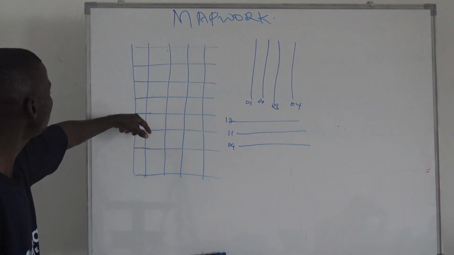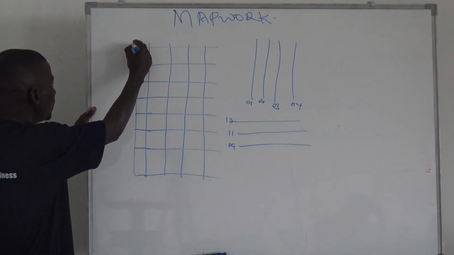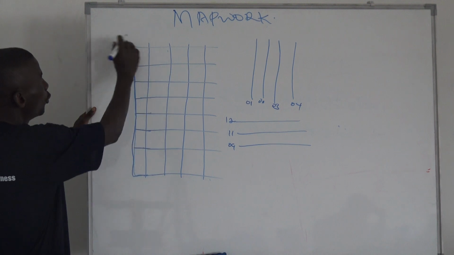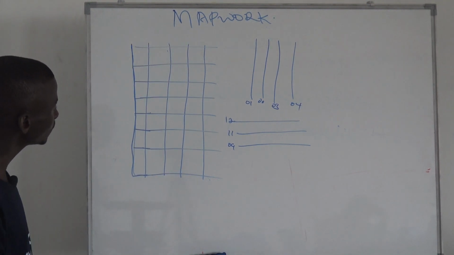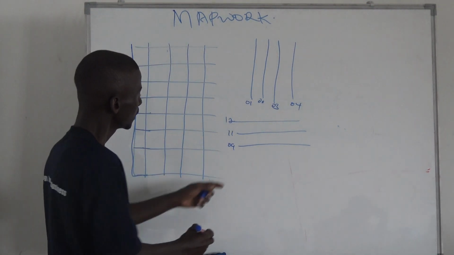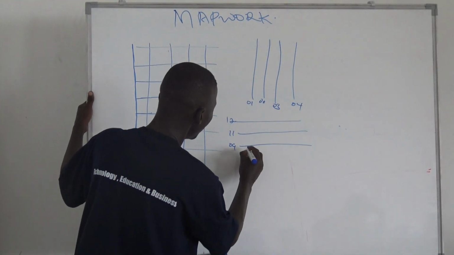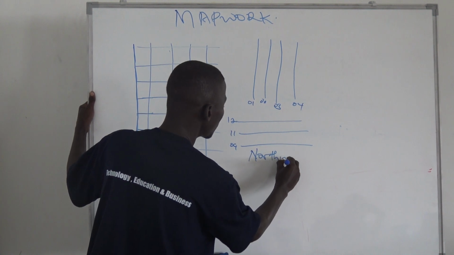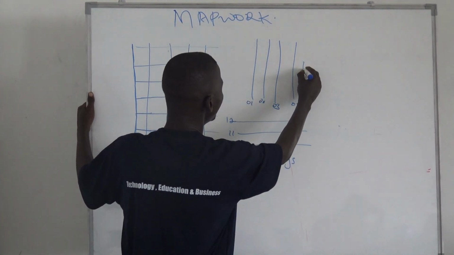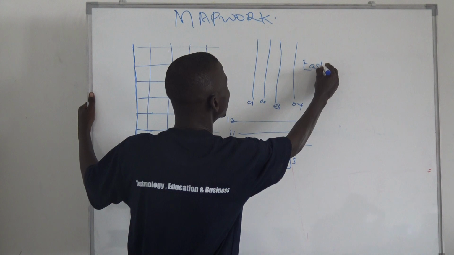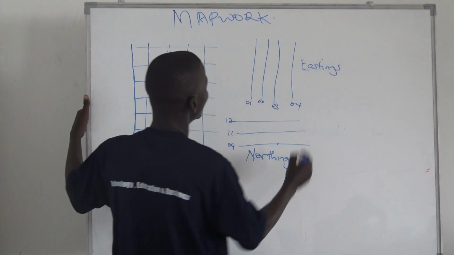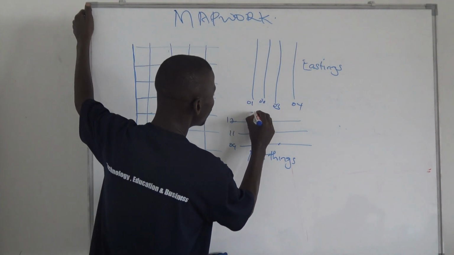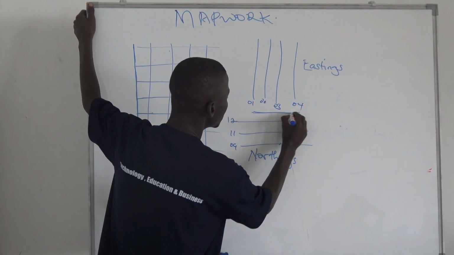But when you combine them, they form a box, and their numbers are either on the sides here or up and down. So these ones, which are going like that, are called the northings, while these ones are called the eastings. We call them eastings because when we are counting them, we are moving towards the east.